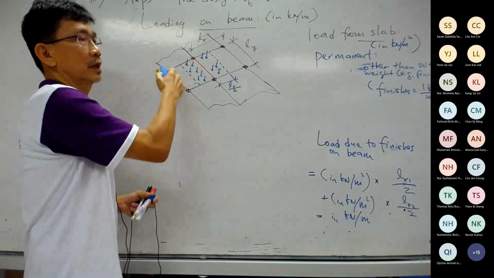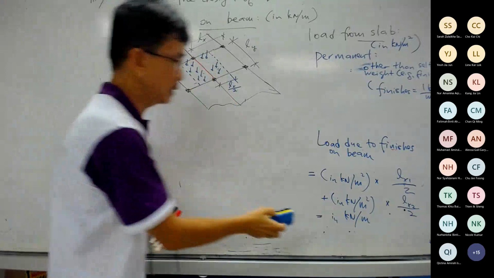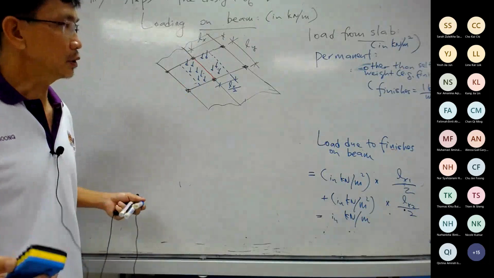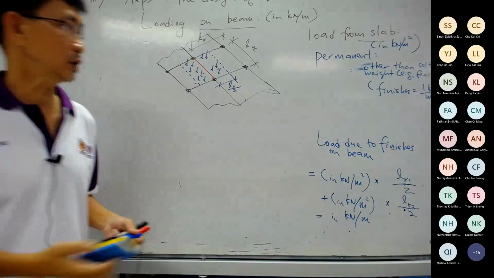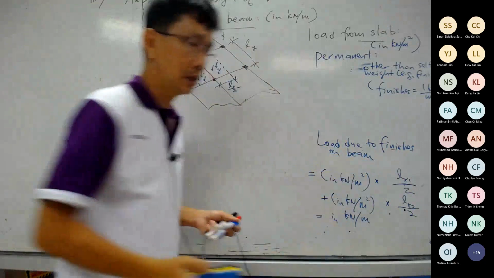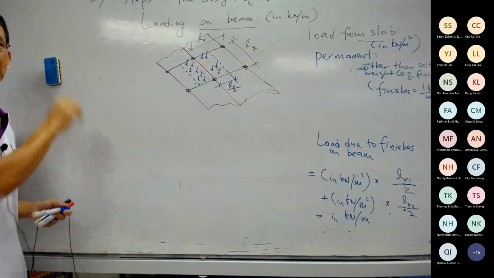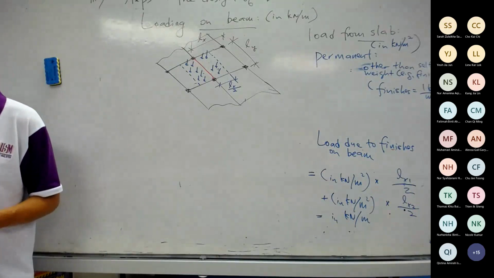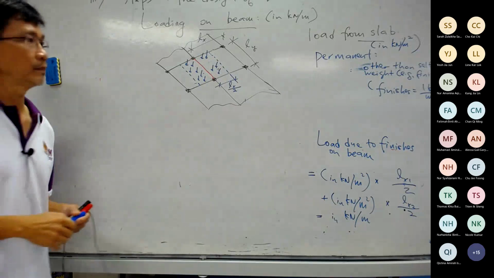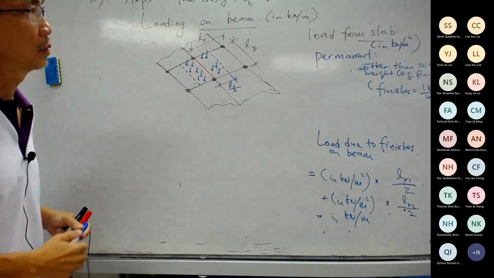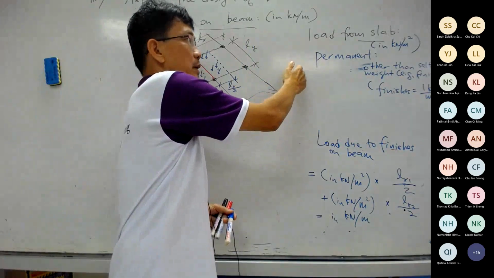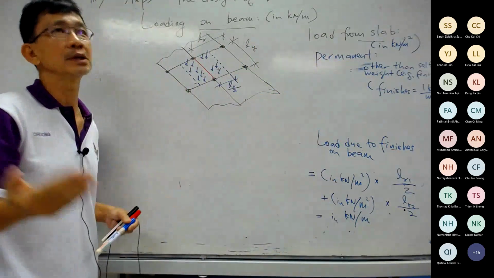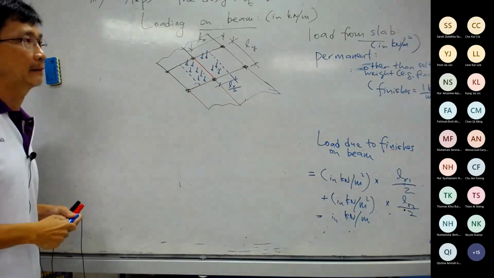If the finishes here are different, then look at what the finishes are. If they are the same, then the same thing. Multiply again with Lx over 2 from this side. That gives you the total load due to finishes on beam, and the unit is kilonewton per meter. So the permanent load due to self-weight and other than self-weight is calculated in this way from the slab onto the beam.